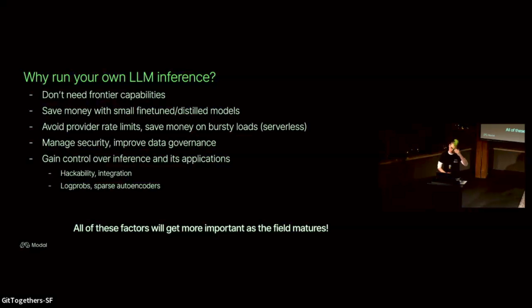One way where you can do a little bit better is that there are generally rate limits on a lot of providers. And sometimes you're just like, you know what I want to do? I want to do this backfill where I summarize every single support ticket since the company started. And that's like 10 billion tokens. You need to run that for an hour and then you don't need it anymore.